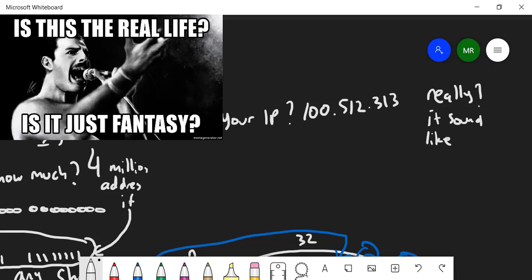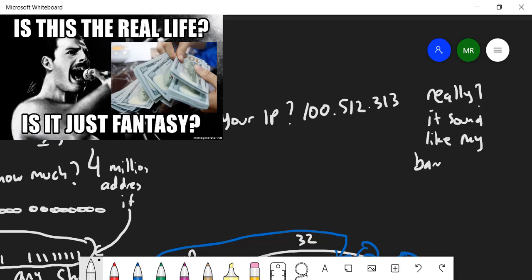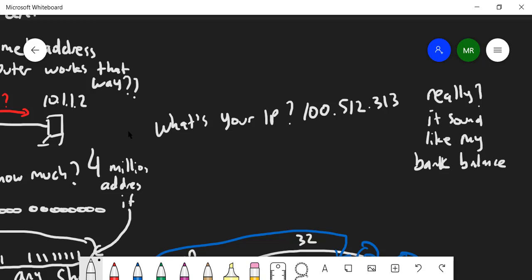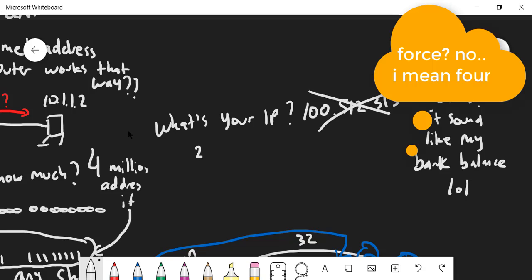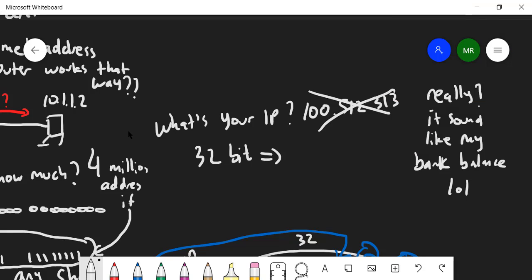I mean, is this a dollar currency you are talking about? Because it's a similar format. That's why engineers split the 32 bits into four groups of 8 bits. We call it an octet. So how much is that 8-bit?